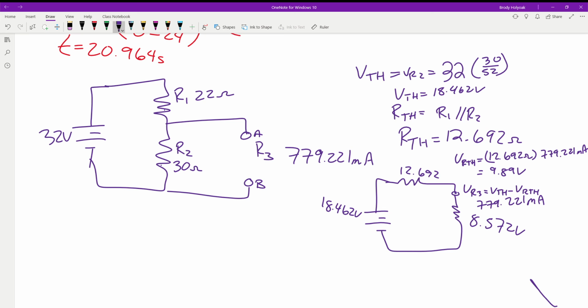Now we can take that voltage and put it back into play. So the 8.572 volts divided by the current, 11 ohms.